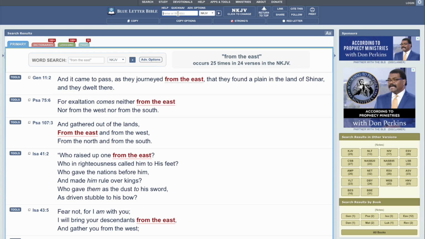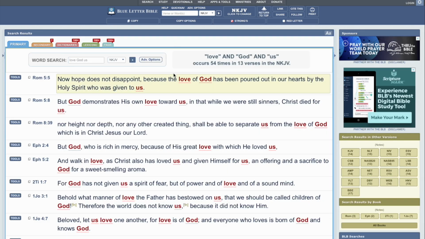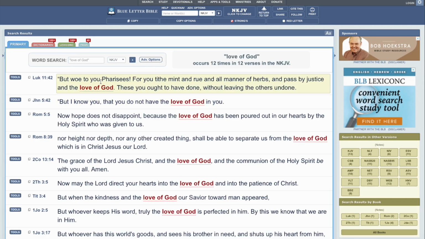If you don't use quotation marks, then it will bring up, I think it says love, God, and us. Then it will bring up everything that has the combination of those three, but maybe not in that order. Whereas if it's saying exact wording, love of God, in that order, then the quotation marks are needed, and it will bring up all the places where that is said in that order.